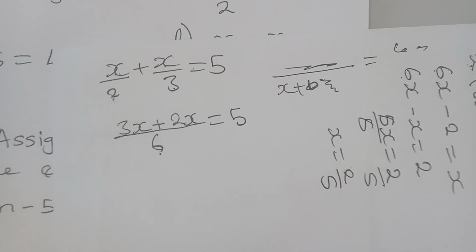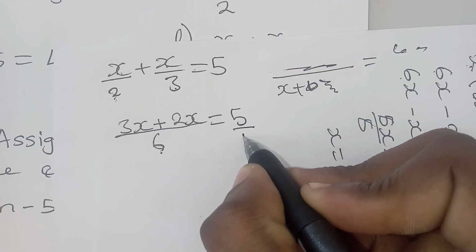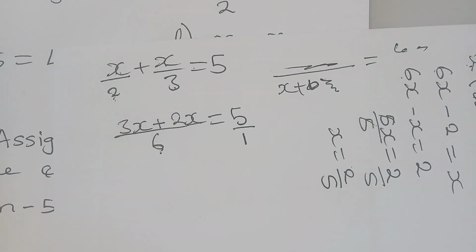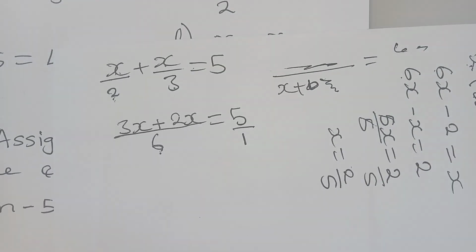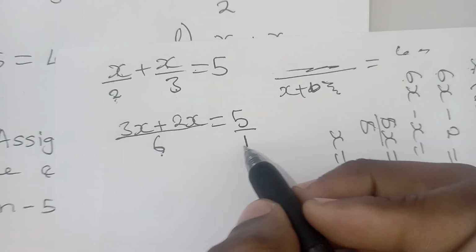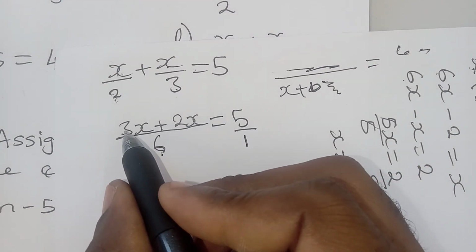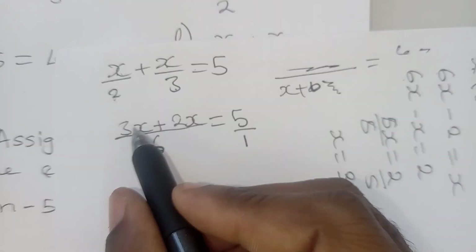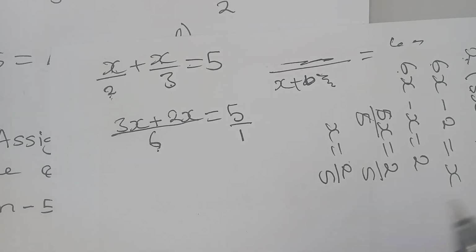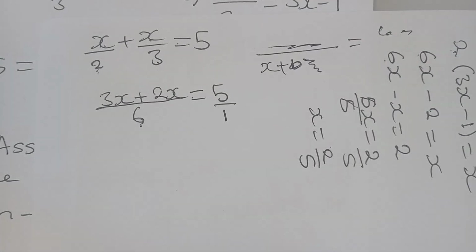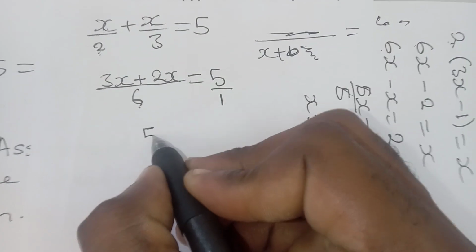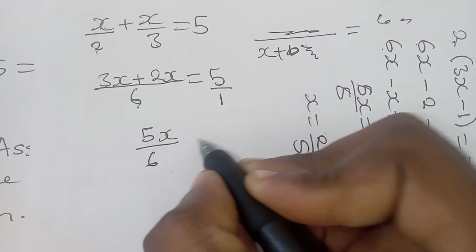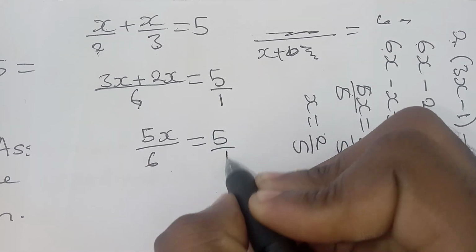And then now at this point, you can just put over 1 here and cross multiply, since we have a single fraction here and we have a single fraction here. Actually, you can even add these two before cross multiplying. It's much easier like that. So you can say 3x plus 2x, this is 5x over 6, then this is 5 over 1.